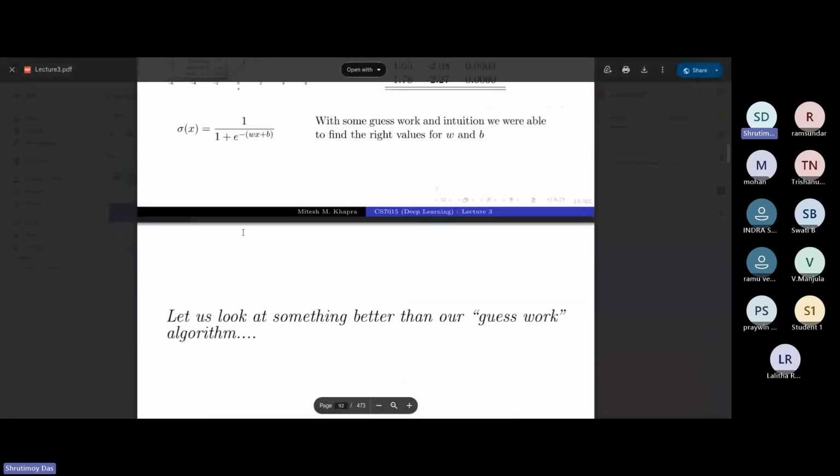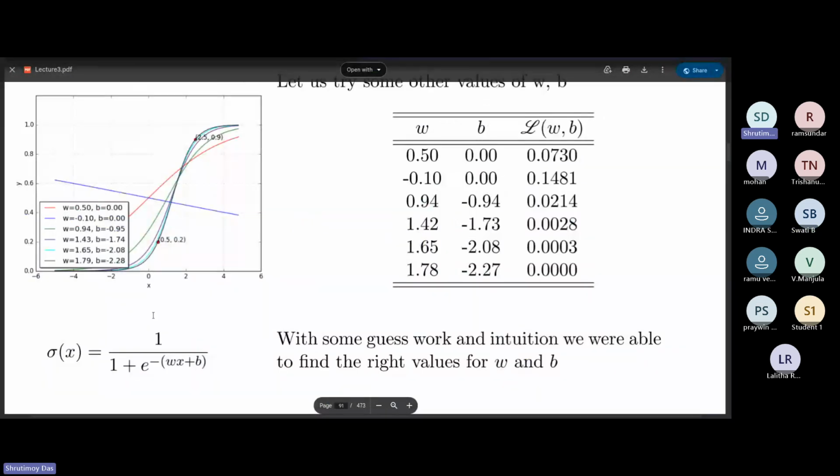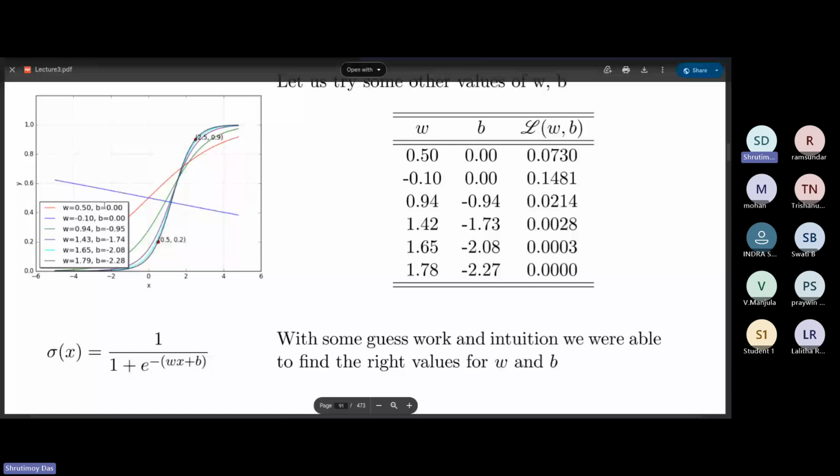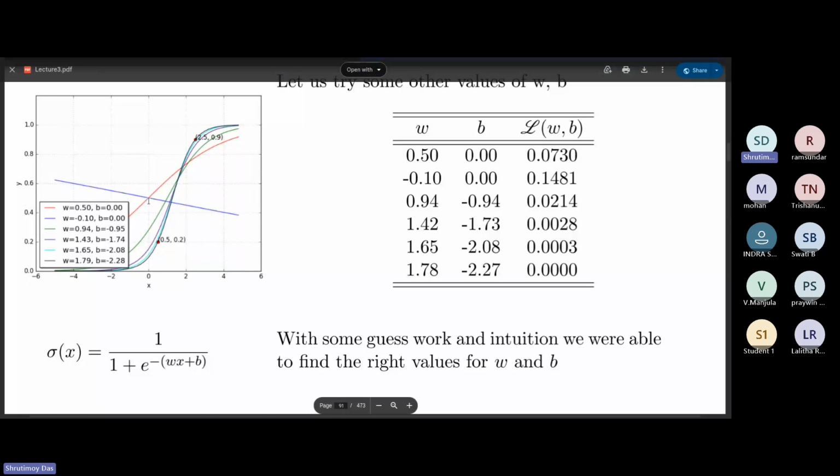Let us take this example, say this red curve here. For say W 0.5 and B 0, your output is something like this. When your input is X, you get an output of, let us say, 0.5.